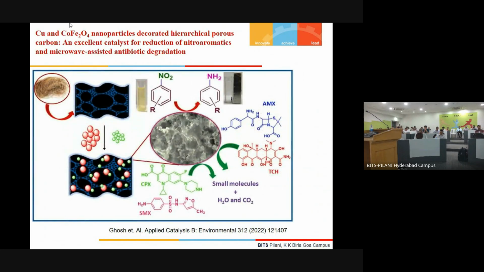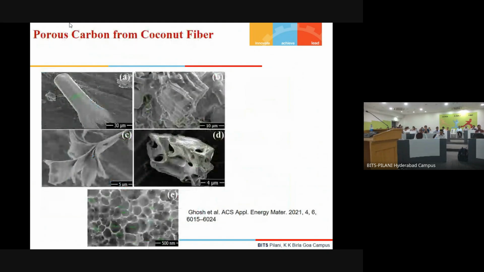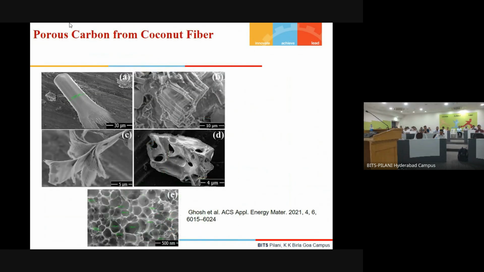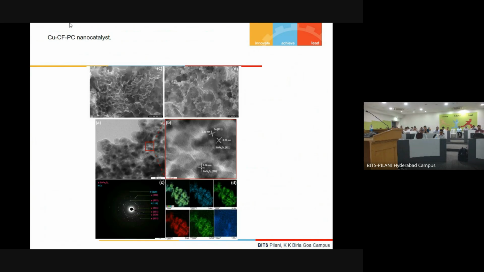So we have made one more catalyst, which is porous carbon, where we decorated copper and copper nanoparticles and cobalt ferrite. Through FESEM study, we have seen how the pores are generated. These are the coconut fiber, and here you can see that the nanoparticles are decorated.